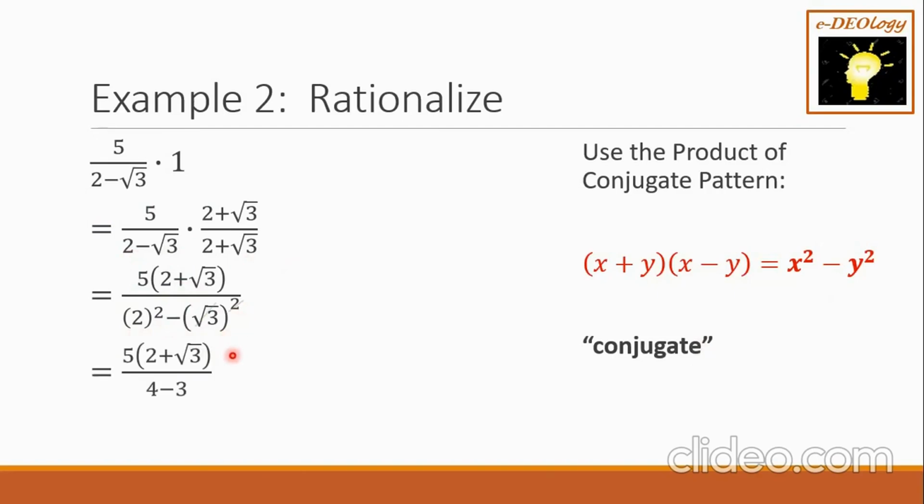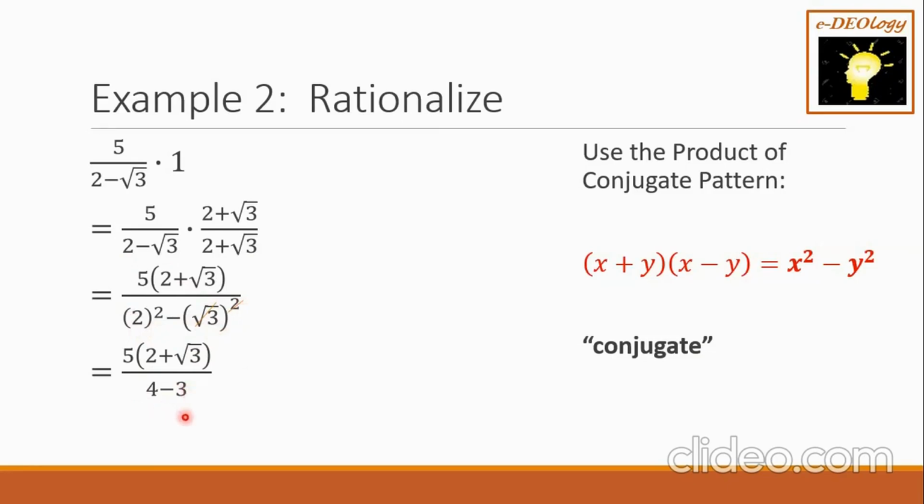In the next line, we're going to simplify our denominator. So the numerator we simply copy here. In the denominator, the 2 squared becomes 4 and then minus. The radical will be cancelled along with that power 2. Only the radicand 3 will come down here.